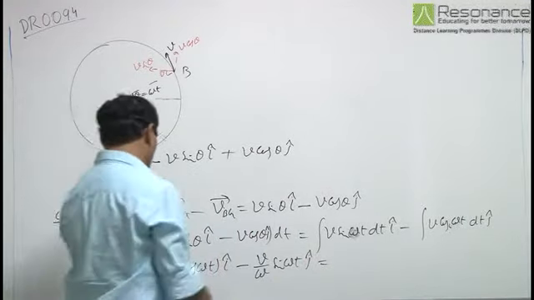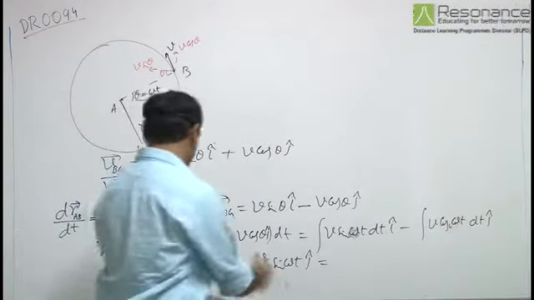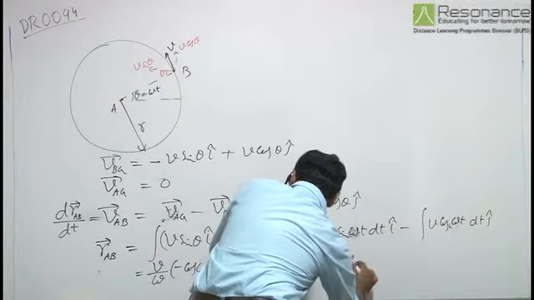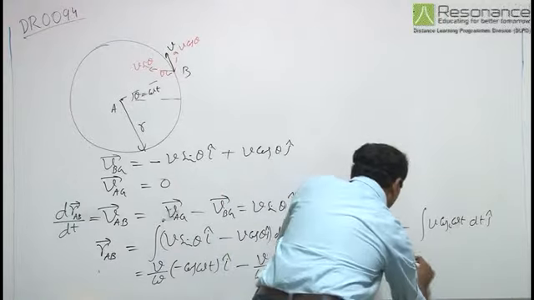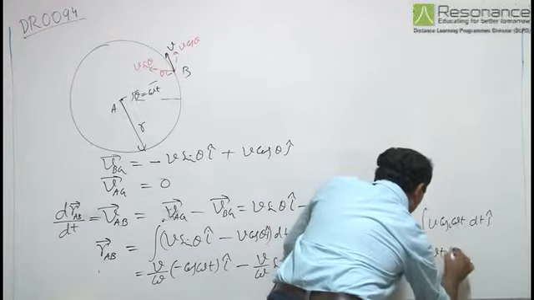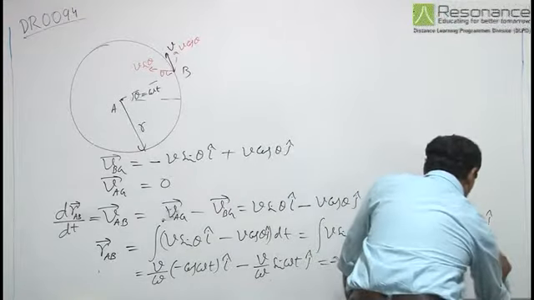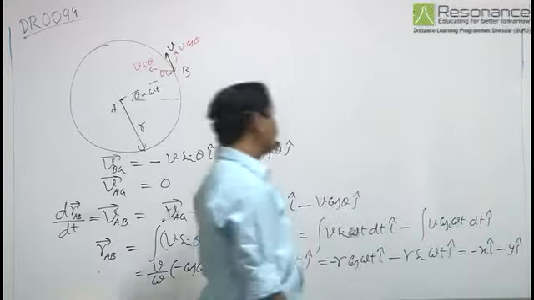That is equal to, if we consider r to be the radius, minus r cos omega t i cap minus r sin omega t j cap, that is equal to minus x i cap minus y j cap.